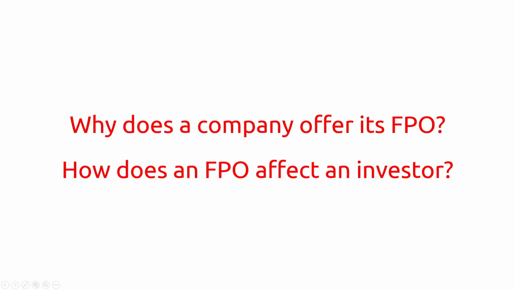Alright. What does the company want? It wants money. And how do they get money? By selling shares. So the company wants investors to buy their shares in an FPO. So they offer it at a lower price than the market price to attract the investors.